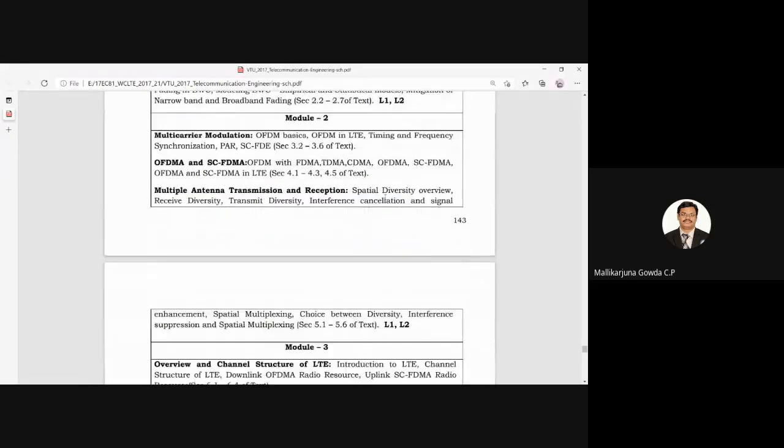Here we will be discussing the diversity techniques: transmit diversity, receive diversity, spatial multiplexing. Then how do we do the cancellation of interference, and how do we choose among these diversity techniques? All these techniques are there, so which one to use at which place? We will be discussing that in module 2.